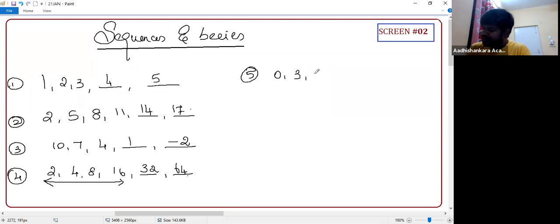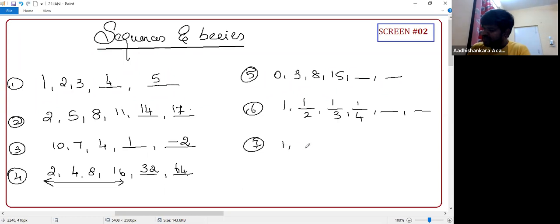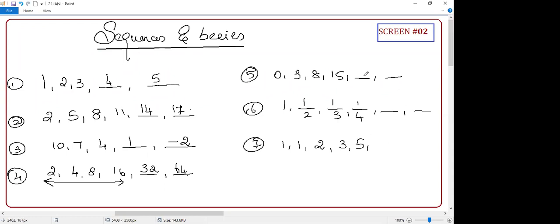Same way, if I put some more, let's see how many of you can tell. 8, 15, anyone can tell me what the next term is? I'm just increasing the complexity a little, nothing more. 24, sir.